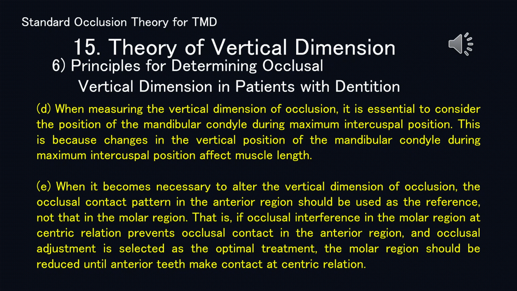E. When it becomes necessary to alter the vertical dimension of occlusion, the occlusal contact pattern in the anterior region should be used as the reference, not that in the molar region. That is, if occlusal interference in the molar region at centric relation prevents occlusal contact in the anterior region, and occlusal adjustment is selected as the optimal treatment, the molar region should be reduced until anterior teeth make contact at centric relation.